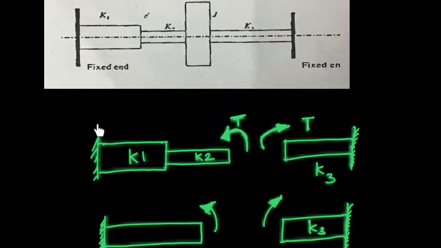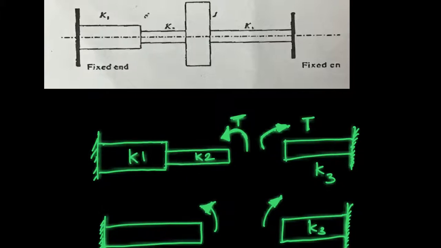And one other thing is that this portion and this portion, since they are connected to one single point, at this particular point the angle of twist must be the same. Otherwise, you don't have continuity. So one constraint is that at this particular point, you have your deflections or your angle of twist the same.